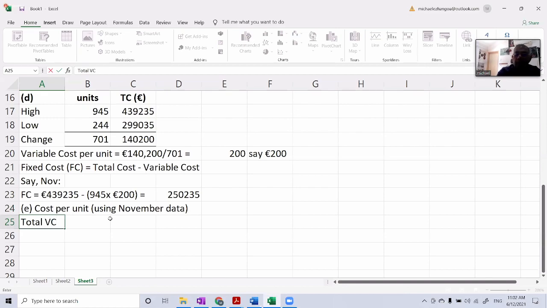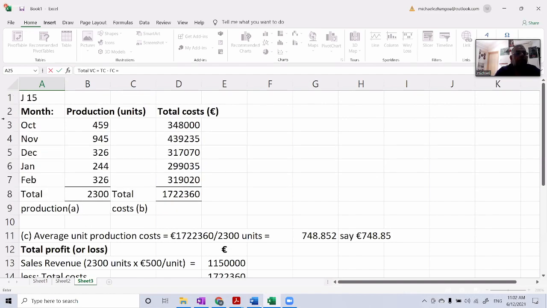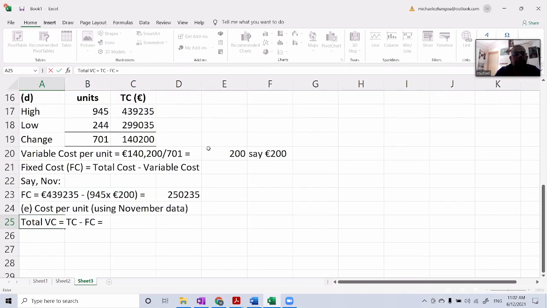Total variable cost must be total cost minus fixed cost. The total cost for November is 439,235, minus fixed costs, which is 250,235.